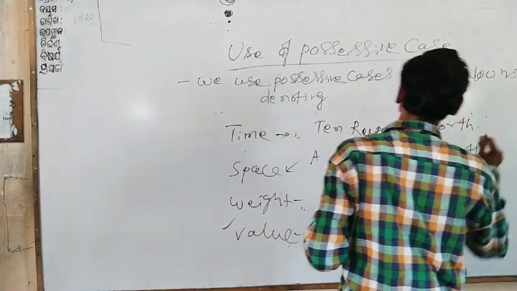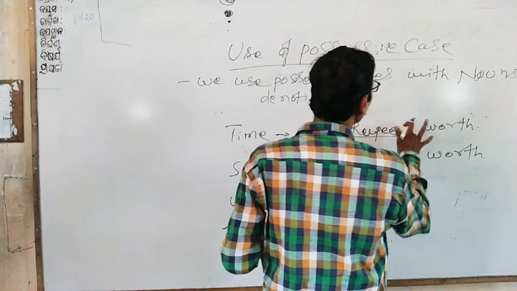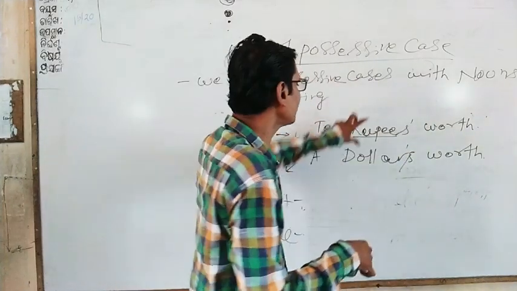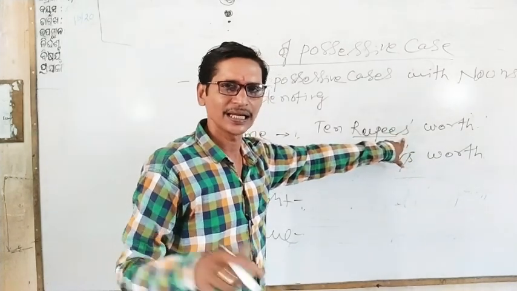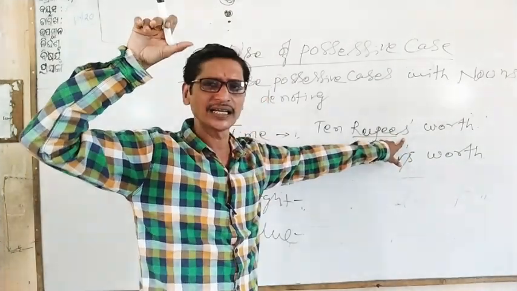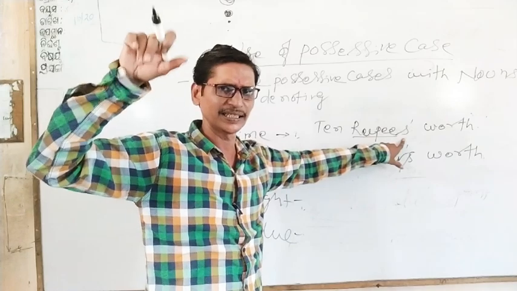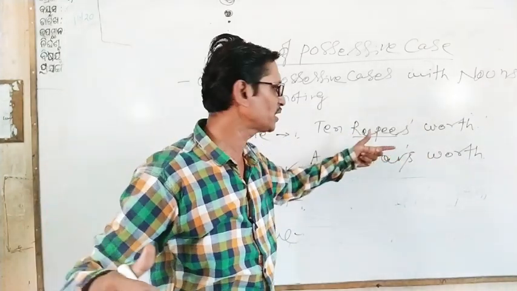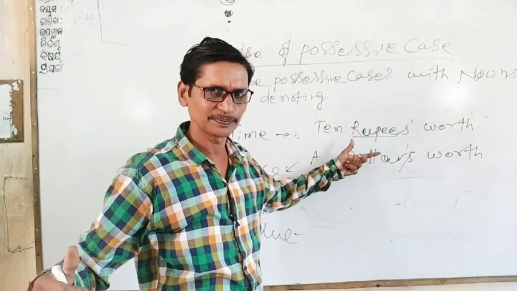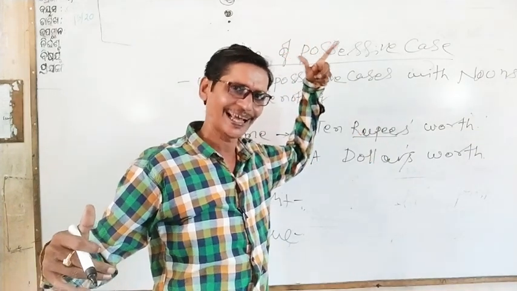worth. See, here we have written apostrophe after this s because it is a plural subject, and ending with s. As we have earlier discussed, when a noun ends with s, to make it possessive we use apostrophe after the s. We discussed the examples earlier.